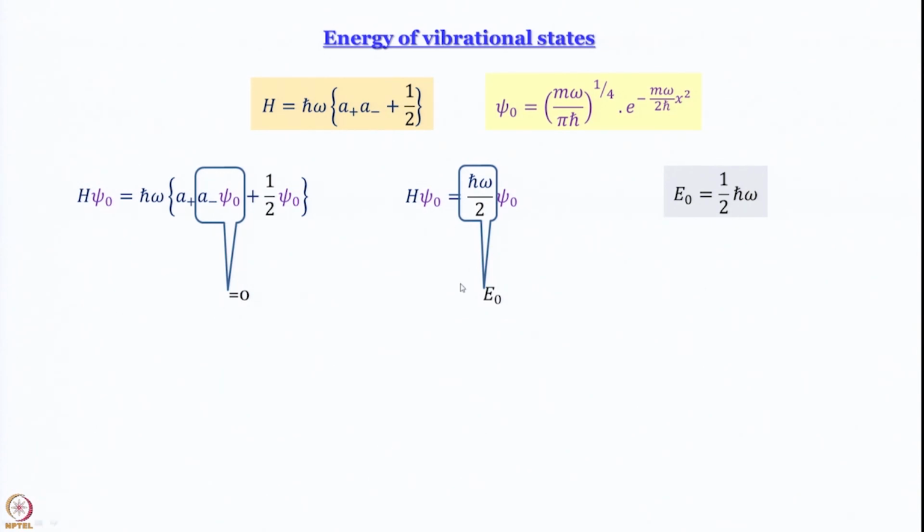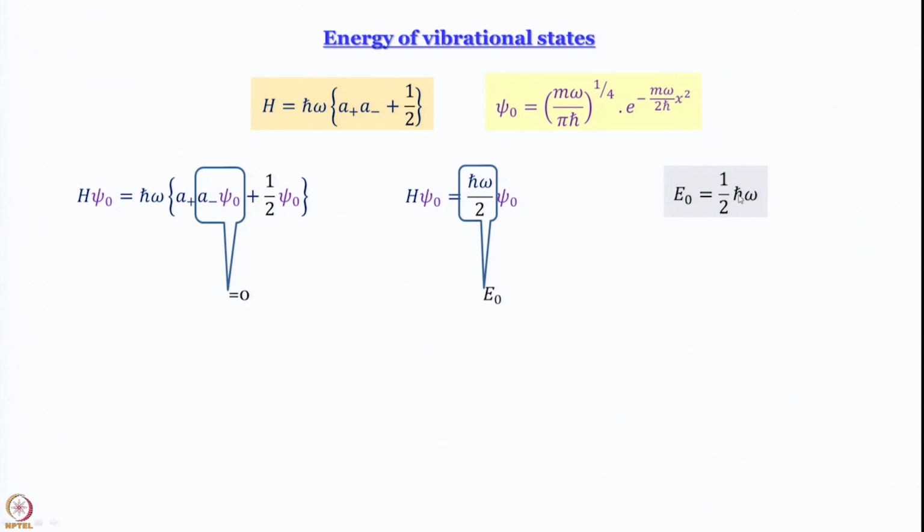This, if you remember from our introduction, is called zero point energy. This is the smallest energy a quantum harmonic oscillator can have. It can never be 0, because if it was 0 then it would have violated the uncertainty principle. So, even if you take the oscillator down to 0 Kelvin, it will oscillate with the frequency of half h cross omega.